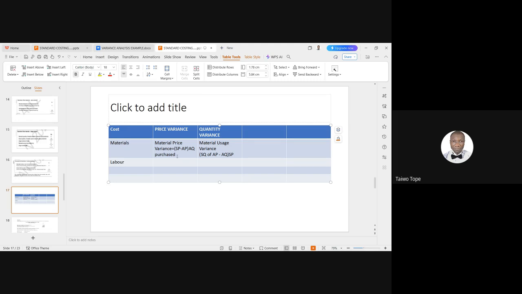When we talk about labor, what is labor? Those days, when we talk about factors of production, we define labor as the mental and physical effort of man exerted towards a production process.